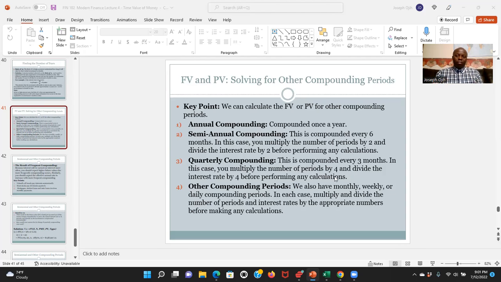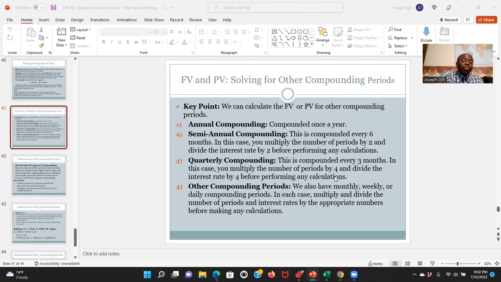To do the calculation, whether it is future value or present value, you must divide the interest by 4 and multiply the number of periods by 4 to show the frequency of compounding. Then you can use those values to calculate your present value or future value.